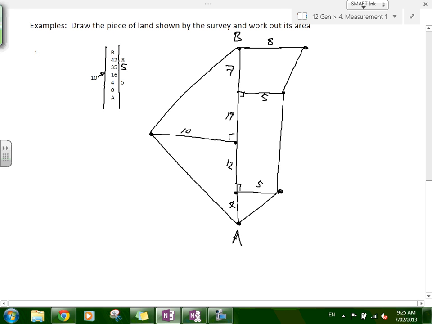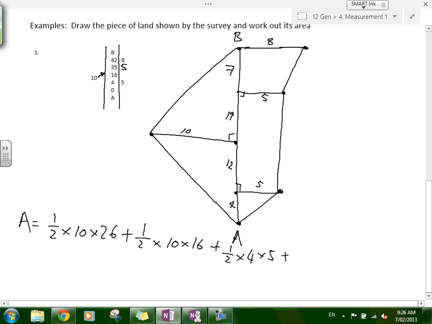So if we work out the area, it's going to be, so this one is half times 10, which is this measurement, times 19 plus 7, which is 26. That's our first part. This area here, that's 16 and 10, so it's half times 10 times 16. Plus this one is half times 4 times 5.